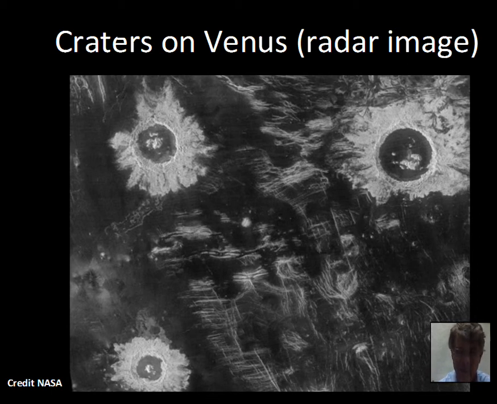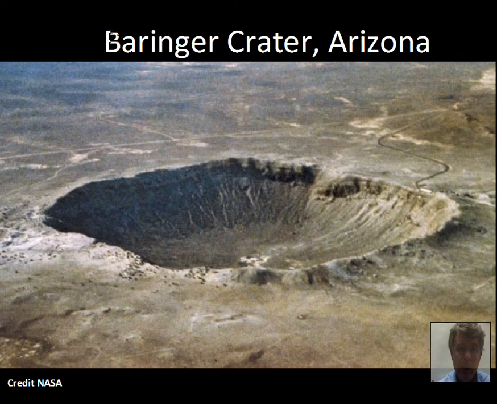I'll just put it that way instead of saying specific gases. But there's some evidence from radar, some evidence from composition of the atmosphere, that volcanoes may still be in business on Venus. On the Earth, here's a crater in northern Arizona, the Barringer crater.